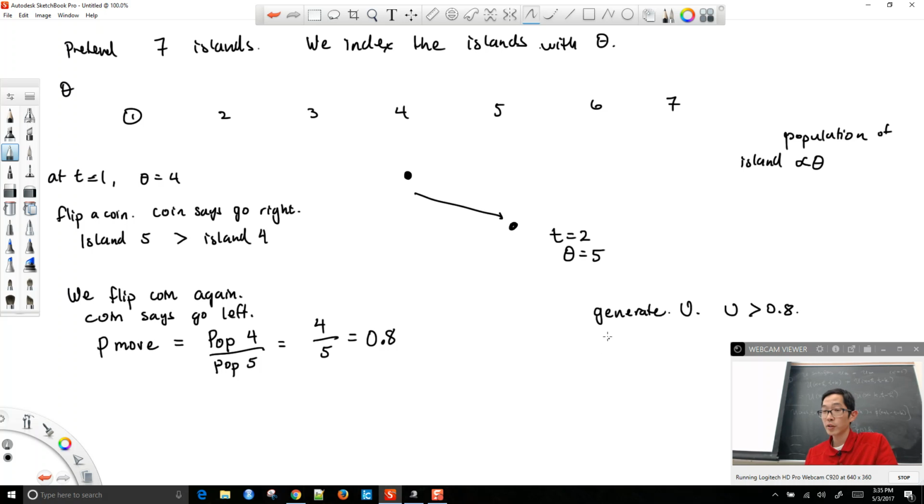So we remain put. We stay on island 5. Okay, so at time t equals 3, we are still at island 5. This is okay?